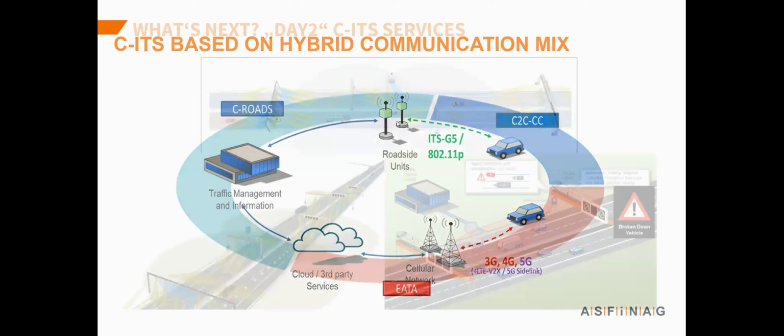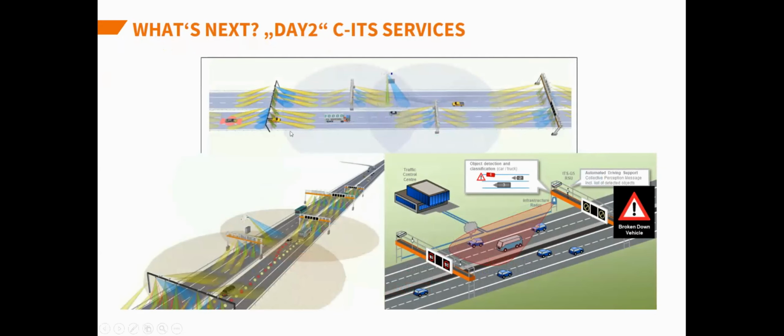Okay, what's next? This is what I've already shown you also on the slide in the last presentation, but let's talk about it once more, a bit more in detail. These kinds of things you can also encode into a CITS message. This would be the so-called collective perception message.